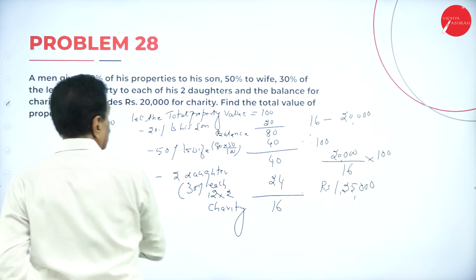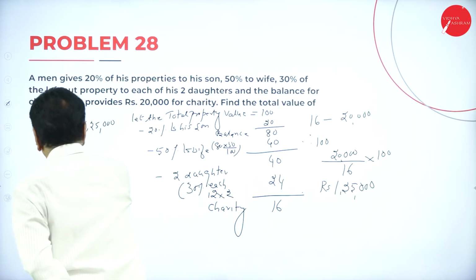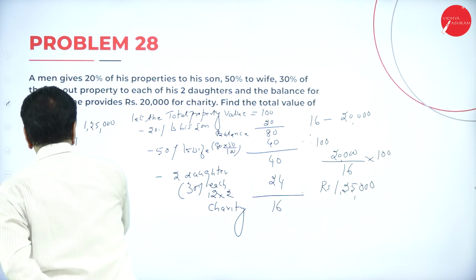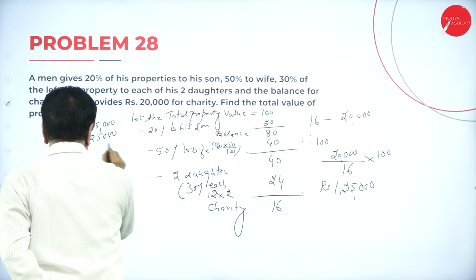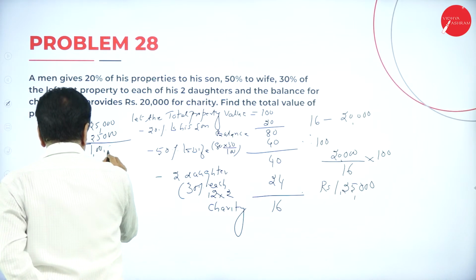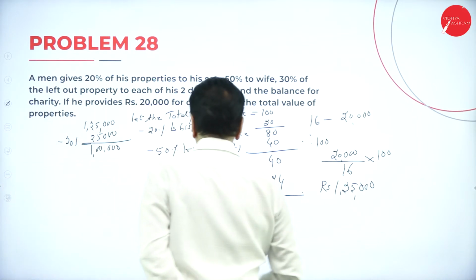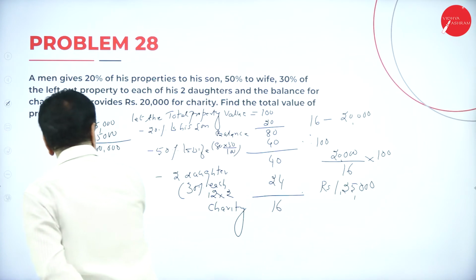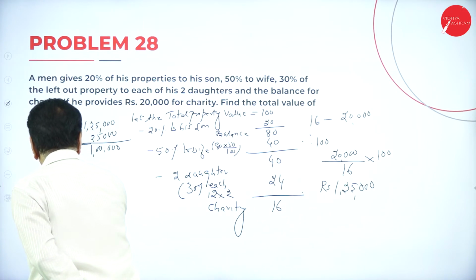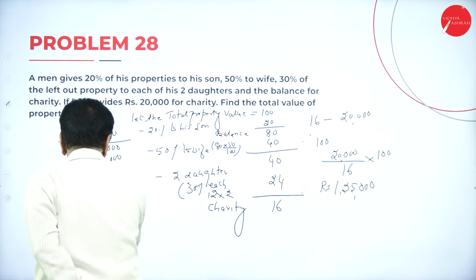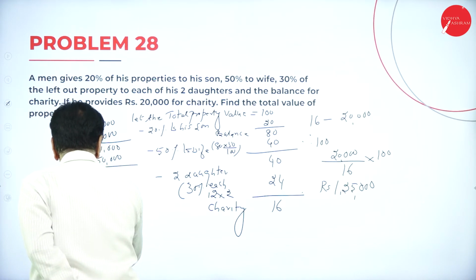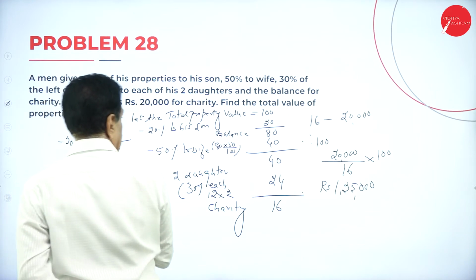Now verify. 1,25,000 minus 20% of this, 25,000, leaves a balance of 1 lakh. Then 50% of this goes to wife, 50,000. Balance 50,000.